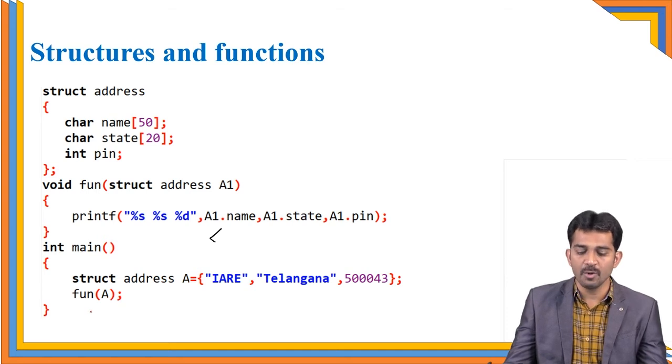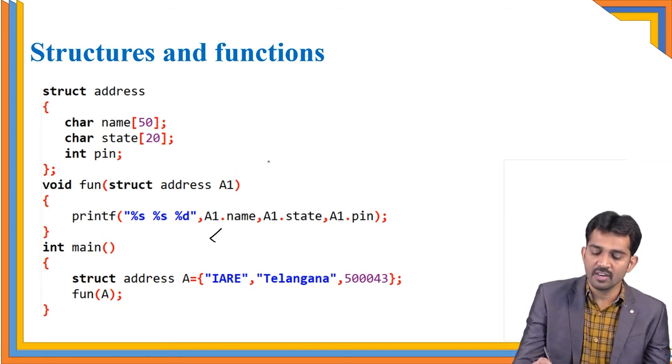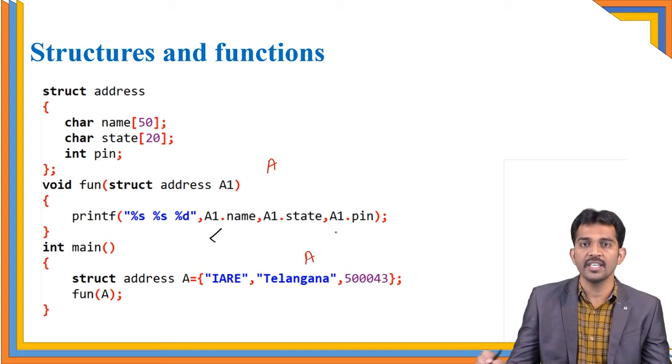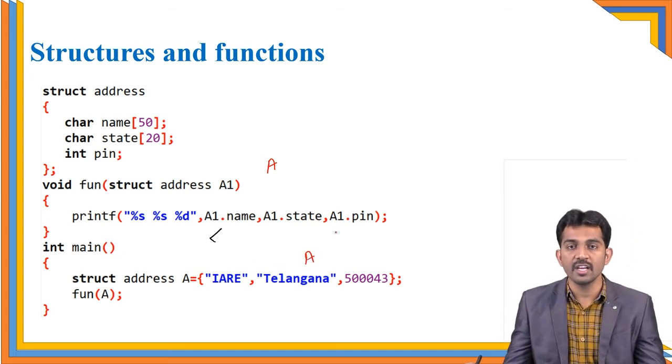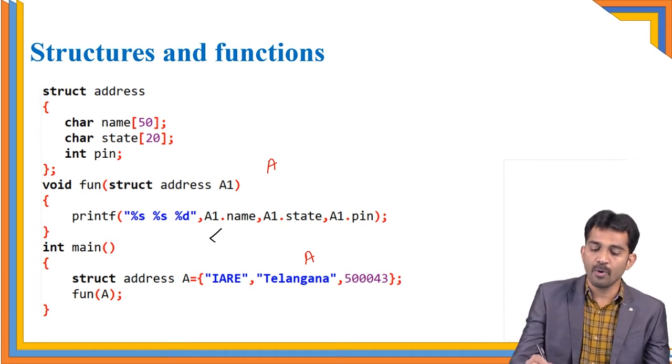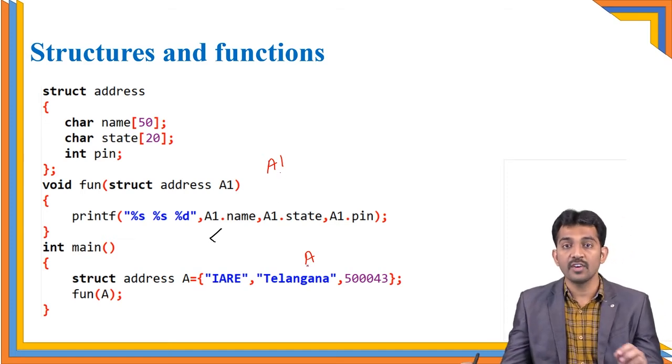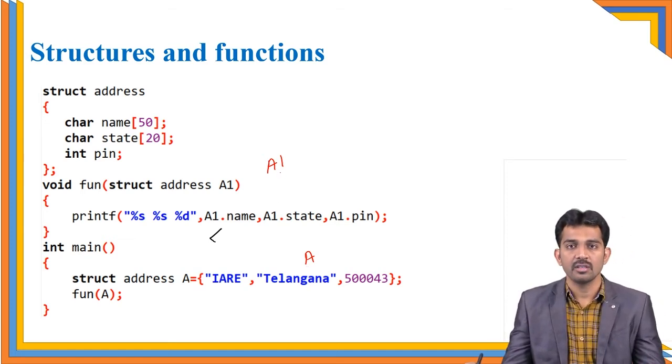A1 is one variable and A is another variable, so we copy the data from A to A1. If you perform some modifications here, it is not reflected in the main function because it is call by value. That is why. Is this clear?